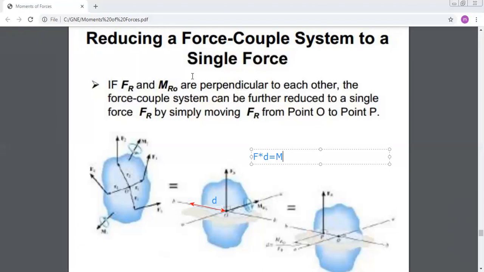So if I want to find a location where I can replace my system by only one force, what will be the condition?